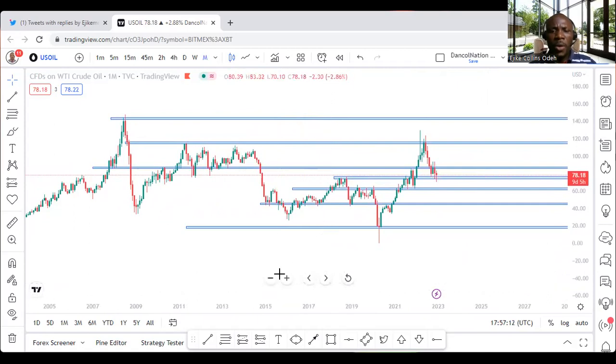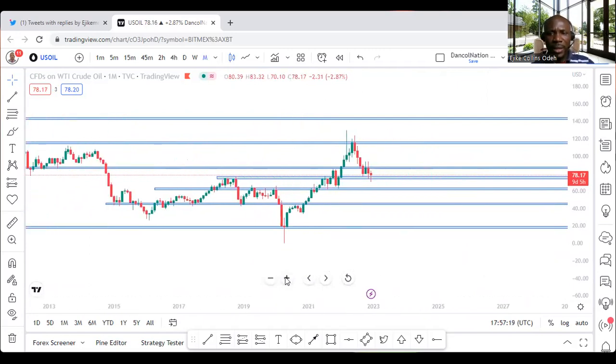Now, when we look at this market as it stands currently, there's nothing I need to know other than that this is a downtrend.